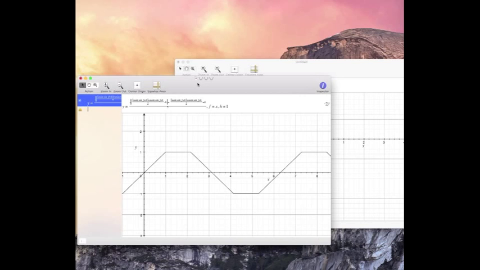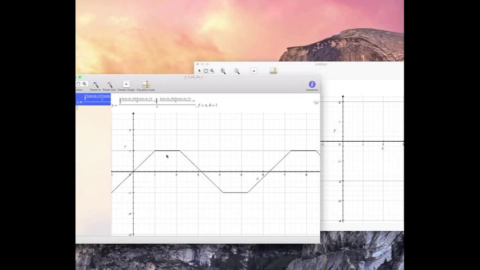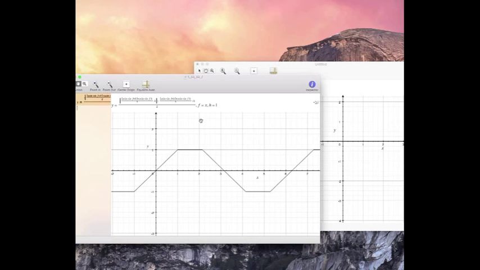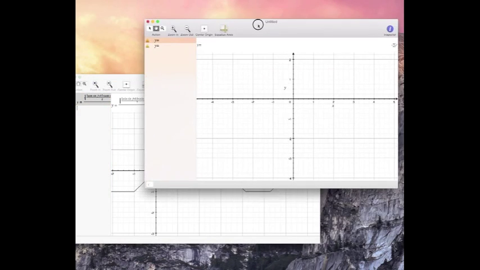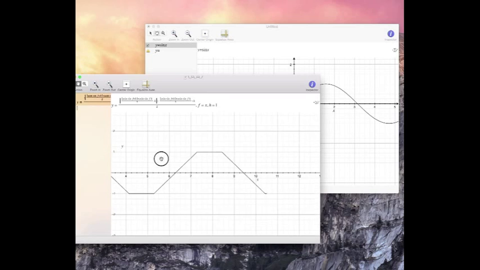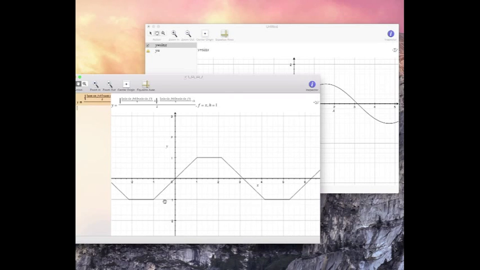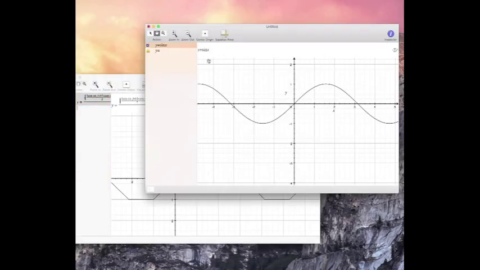So how did I come to this graph? First of all, if you notice this graph, it looks a bit like sine x, but not exactly sine x. It's like sine x because it keeps recurring over and over again. But it's not like sine x because it's all straight lines. But what function of sine x is a straight line?